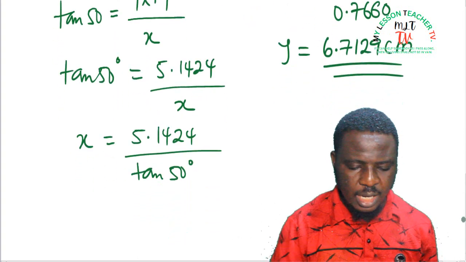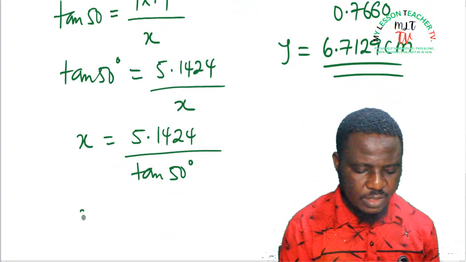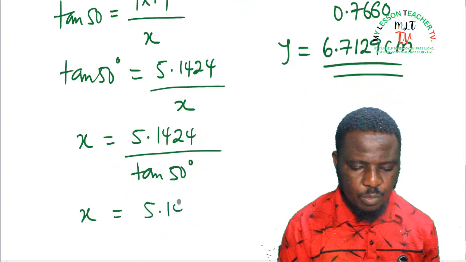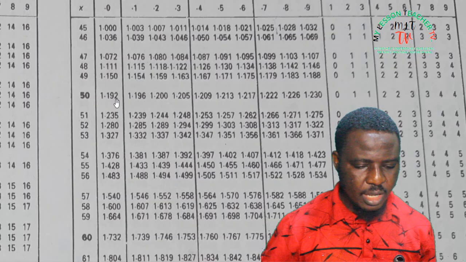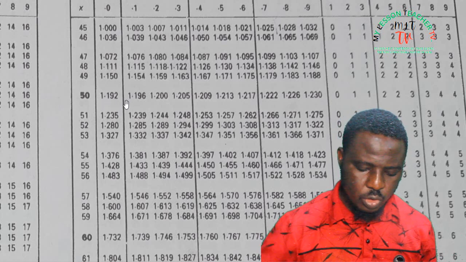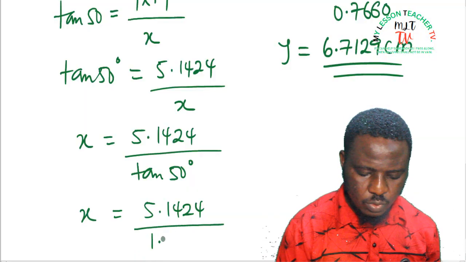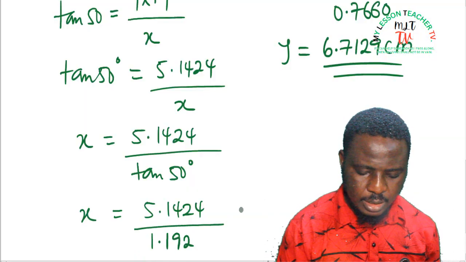Now you use your tan table to get the value of tan 50. This becomes x is equal to 5.1424 divided by tan 50, which is 1.192.